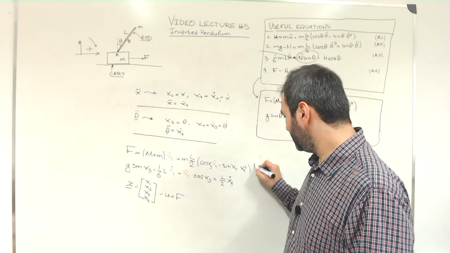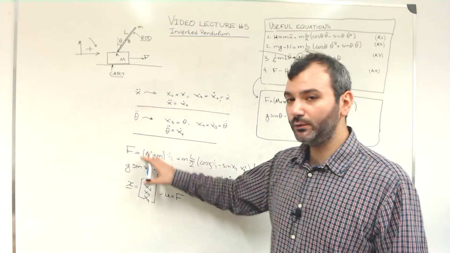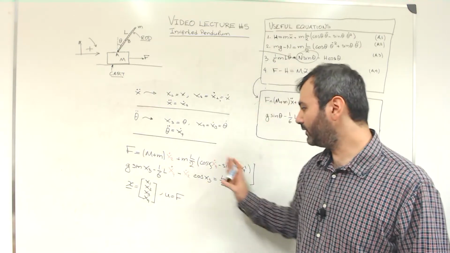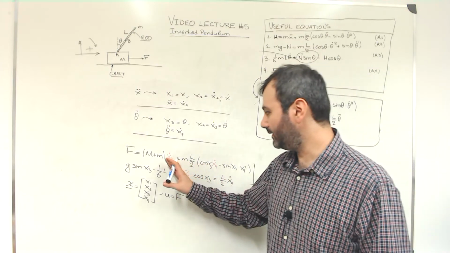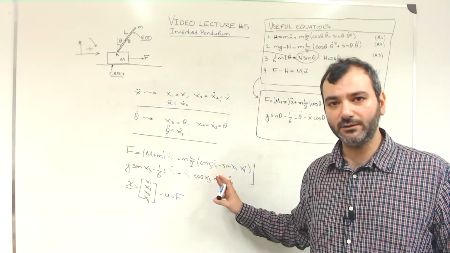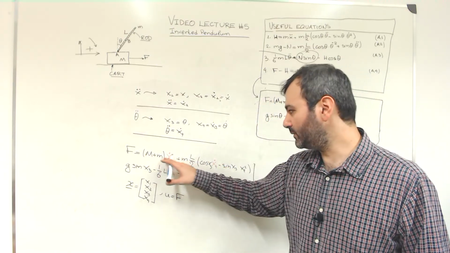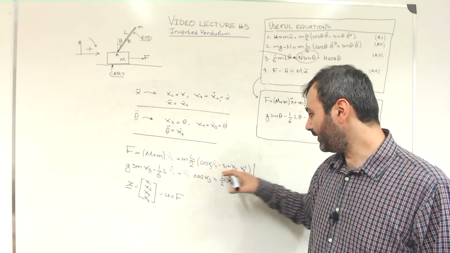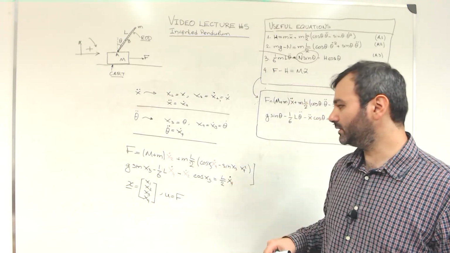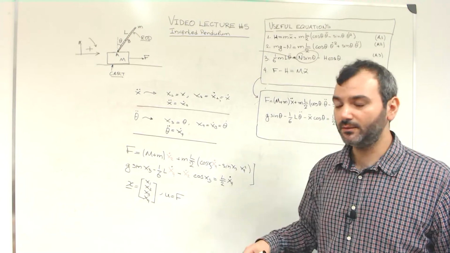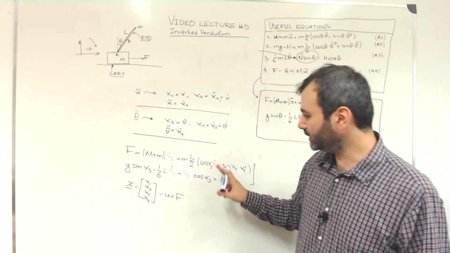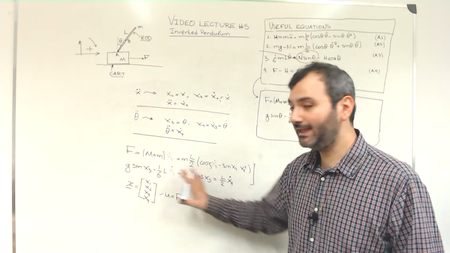We can observe that we have two equations with two variables, and the two equations are in fact linear equations. So we have a term times x2 dot, some other term times x4 dot, and so on, and we have a constant term. In terms of x2 dot and x4 dot, this is a linear system.